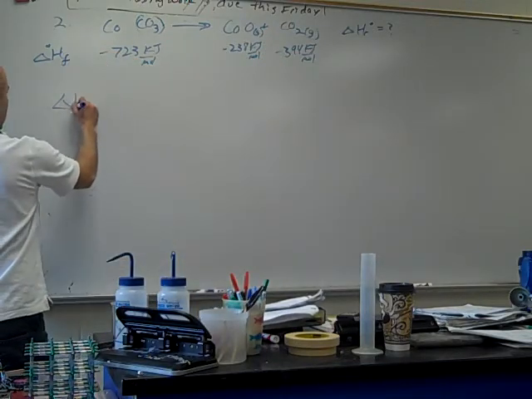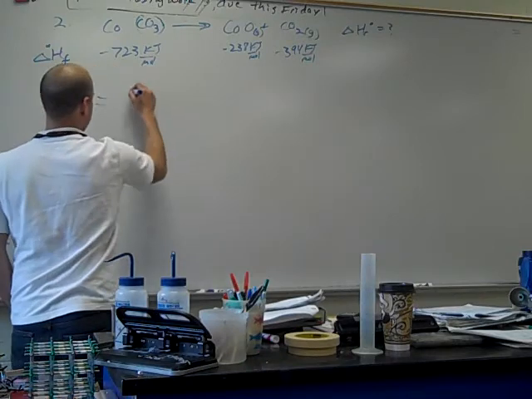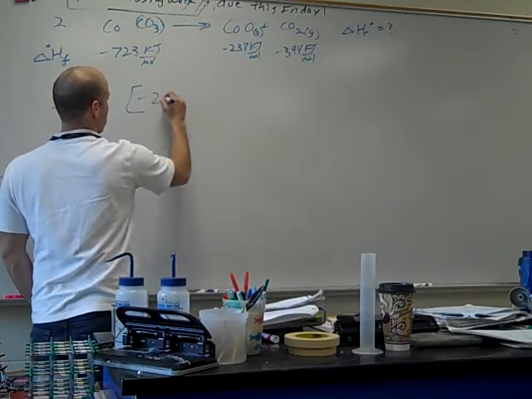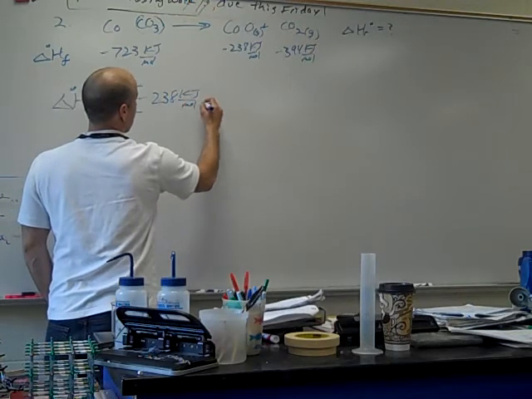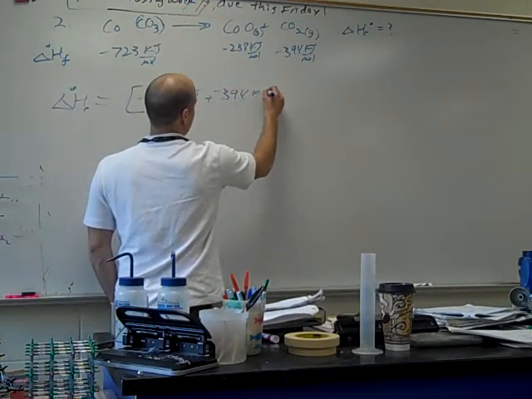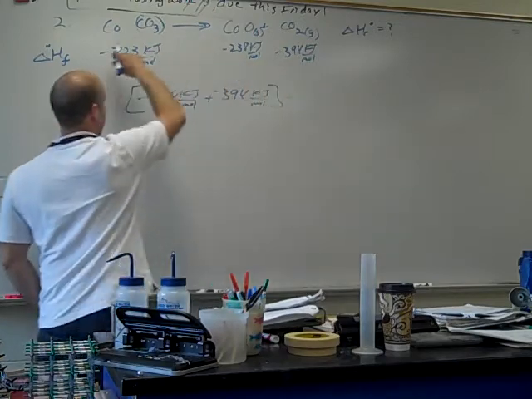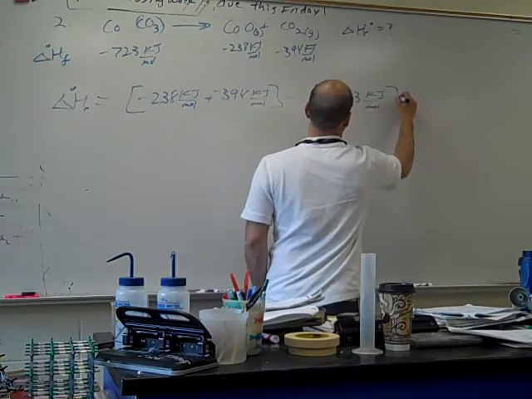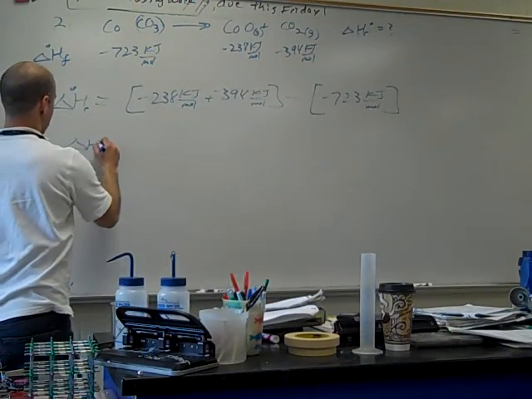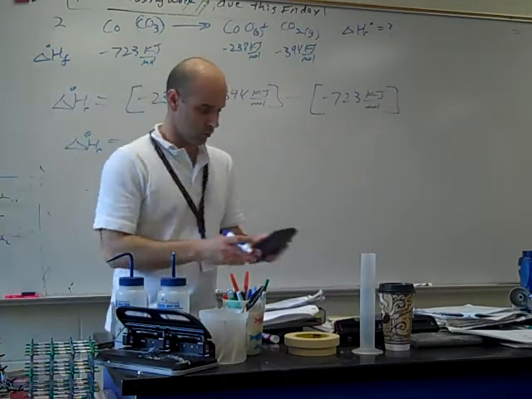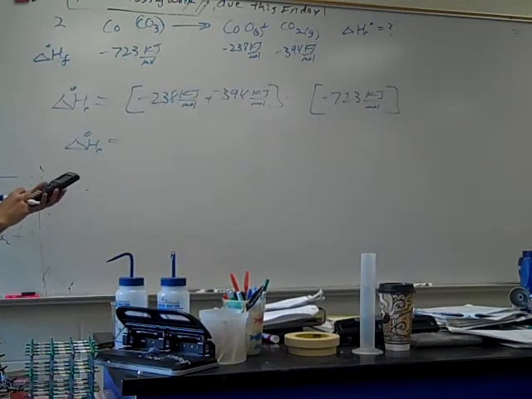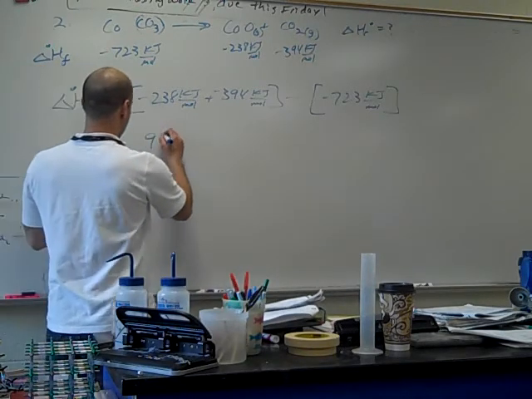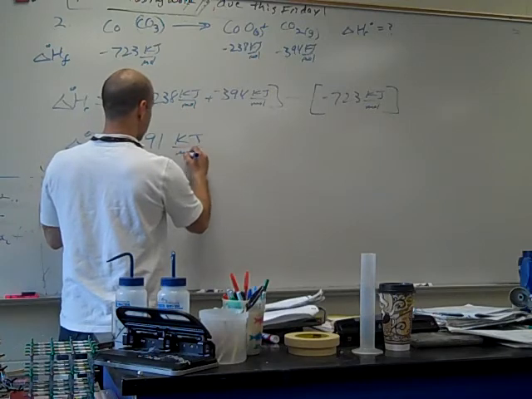So we do our products minus reactants. Subtract our reactant. And it is 91 kilojoules per mole.